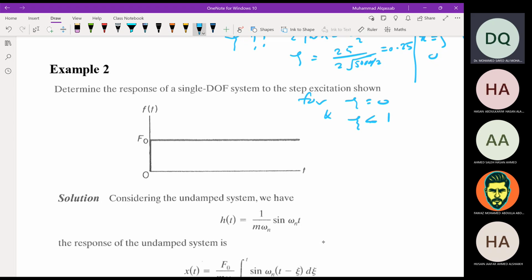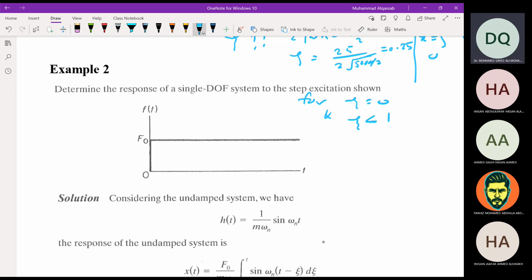This is for undamped. There is a minus here because on the right hand side there is a minus, and there is no m here because it is not divided by m here.